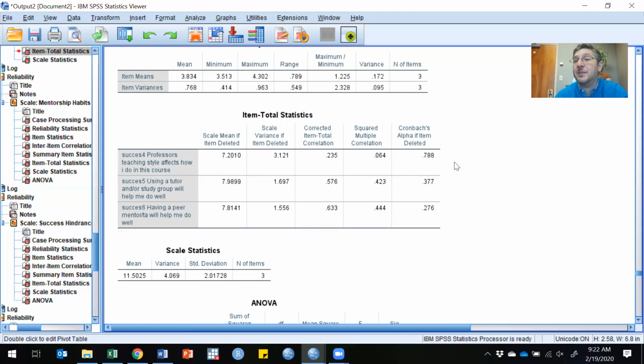About 0.8 or 0.79. So now we have to think, do we want to have a 3-item scale with weak internal consistency reliability, or do we want to have a 2-item scale that has a decent internal consistency reliability?